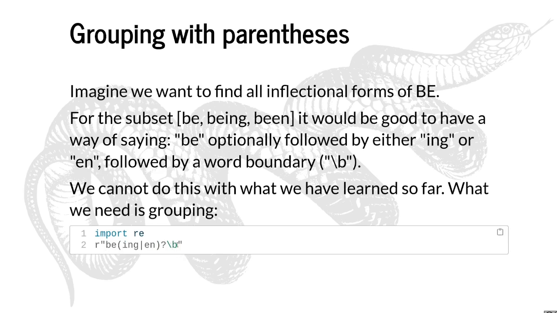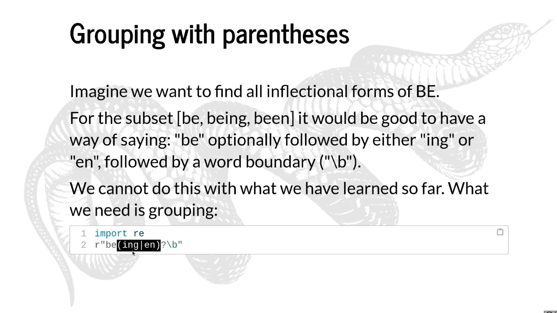And it ends with a word boundary. We've established that. And we have this question mark, which we've encountered, but we've so far only encountered it applied to individual characters, either a character or a set of characters within square brackets, but always a thing that is only one character long. With these brackets, we can turn this into a multi-character sequence, right? So anything within these brackets, the question mark applies to.